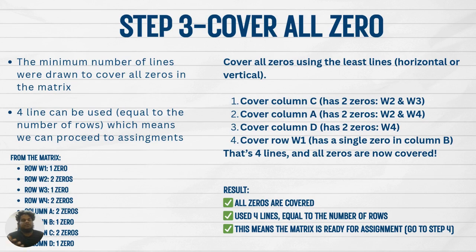When the number of lines covered equals the number of rows, it's an optimal structure. So all zeros are covered, using 4 lines equal to the number of rows. This means the matrix is ready for assignment.